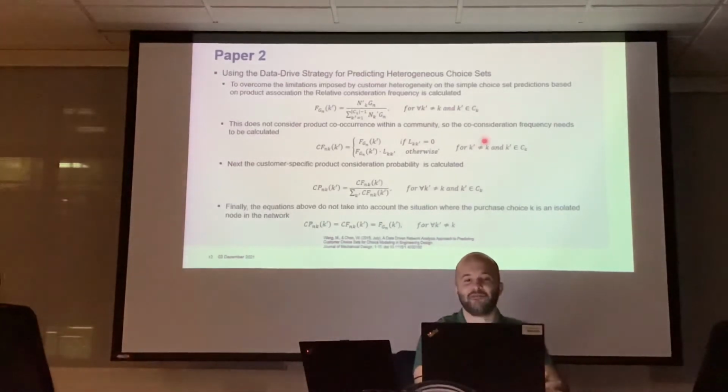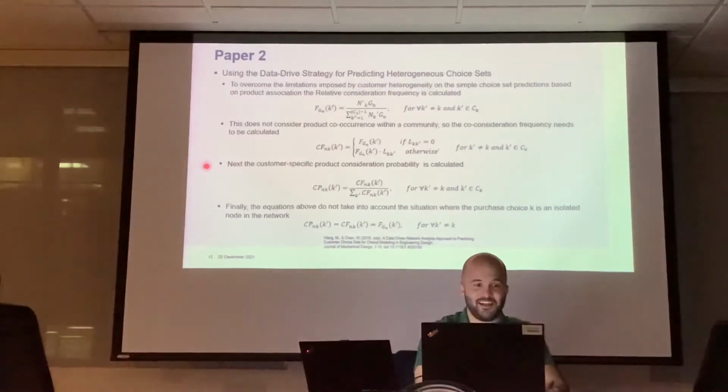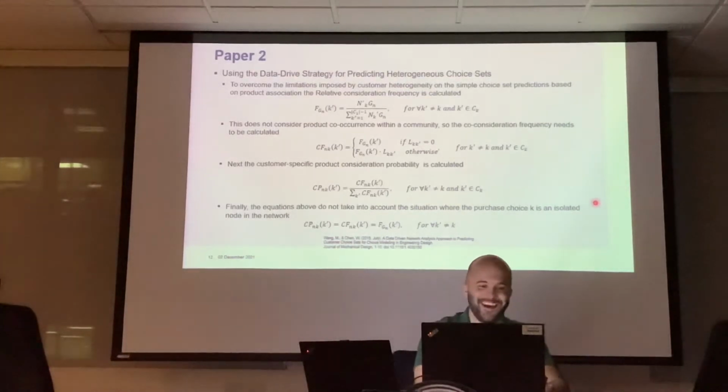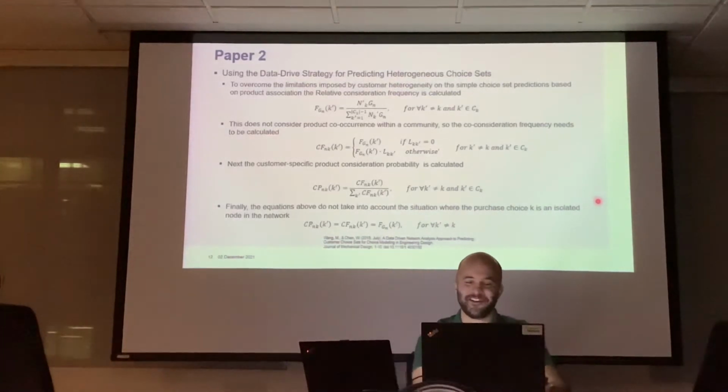So they define the co-consideration frequency, and that is this equation. Furthermore, they can next develop the customer-specific product consideration probability. In all of that, these equations don't take into account the situation where purchase choice, say K, is an isolated node like we saw in that previous slide. So this equation takes into account if that happens within the product network.